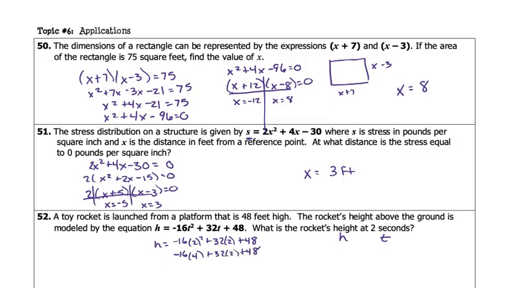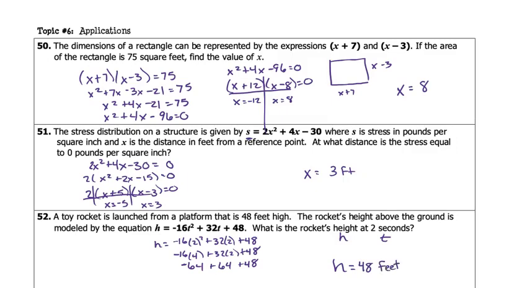So negative 16 times 4 is negative 64. 32 times 2 is also 64, plus 48. So my height's going to be 48. Are we in feet? Yeah, it's going to be 48 feet.